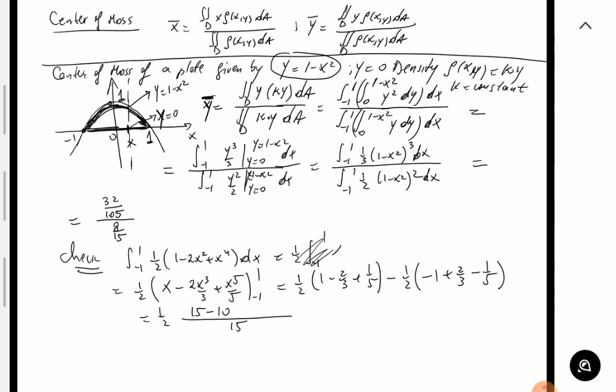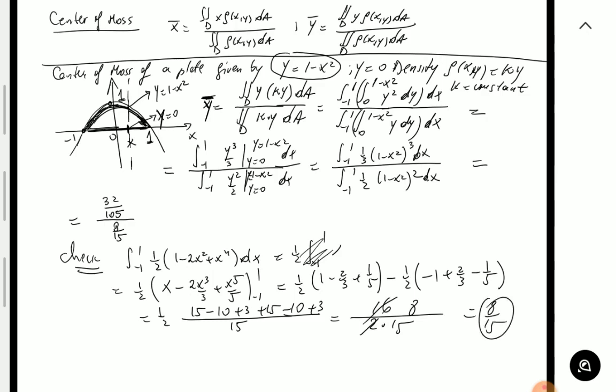Then minus -1, which is 15 again, and then minus 10 and then plus 3. Let's see what we get. 30 minus 20, that makes it 10. 10 plus 6, 16.